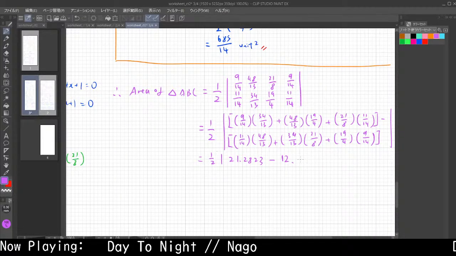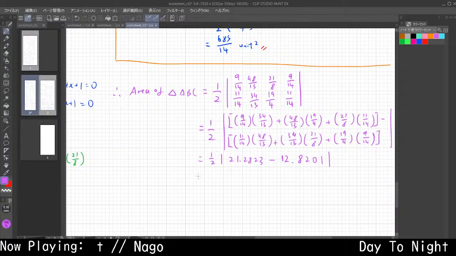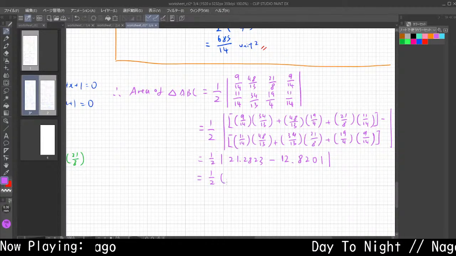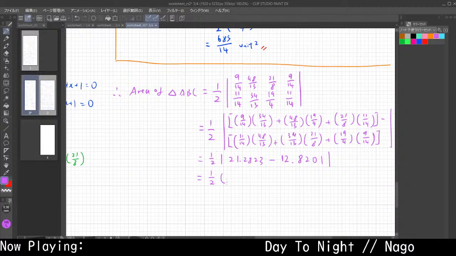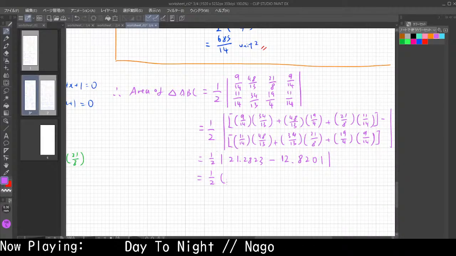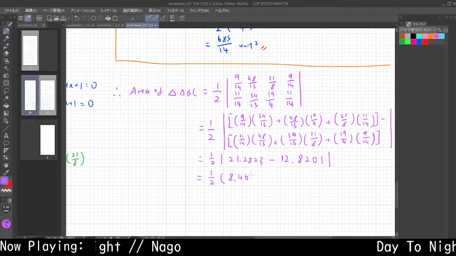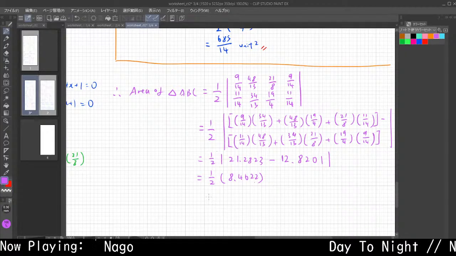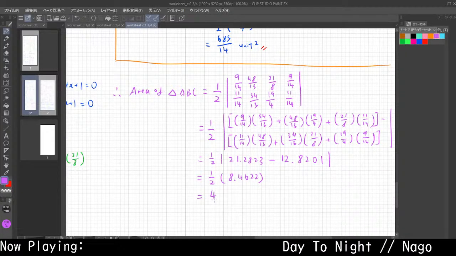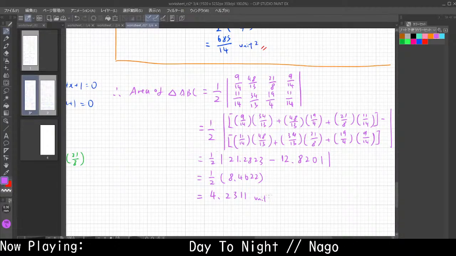Okay. 12.8201 correct to 4 decimal places. Therefore, 8.4622. Therefore, dividing by 2, you should get 4.2311 units squared.